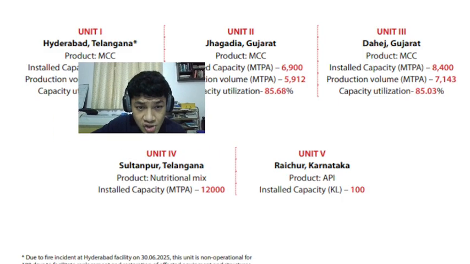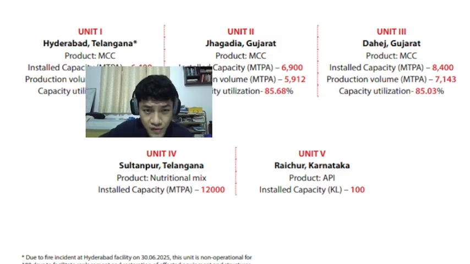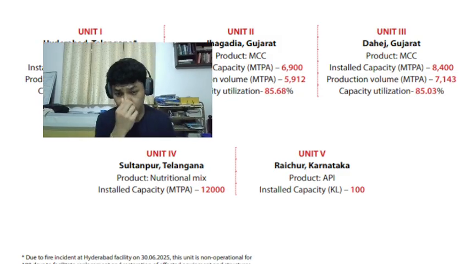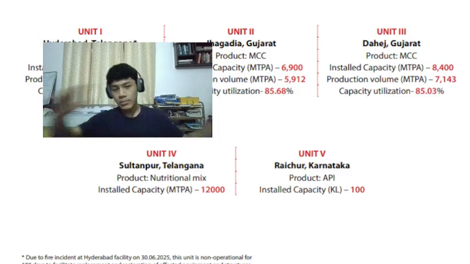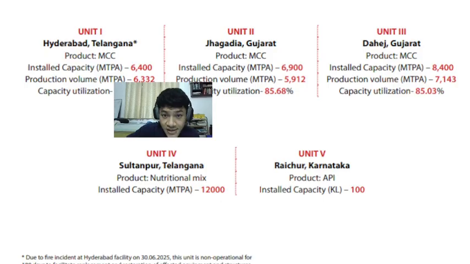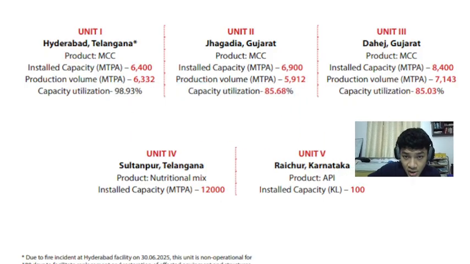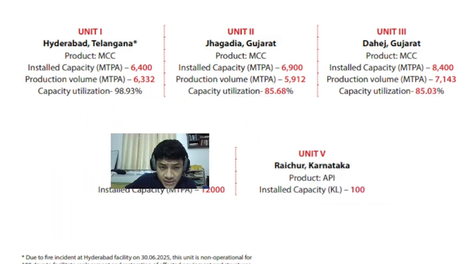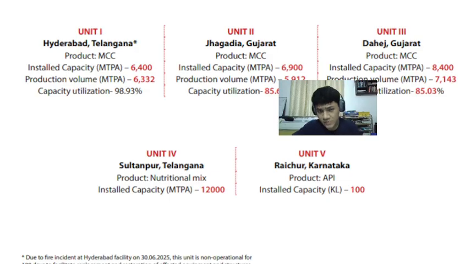Installed capacity 12,000 metric tons per annum. I don't know what this means. Could be a new product. Maybe we'll check it out on Google later. Then API, you already saw this, 100 kiloliters production. These two things must be pretty new because they have not mentioned the actual production volume.